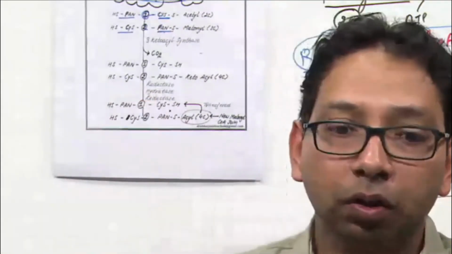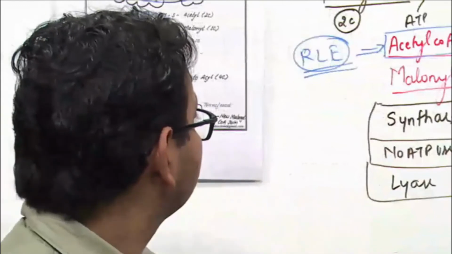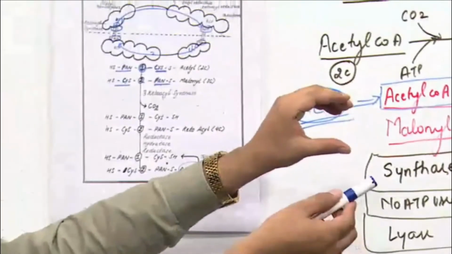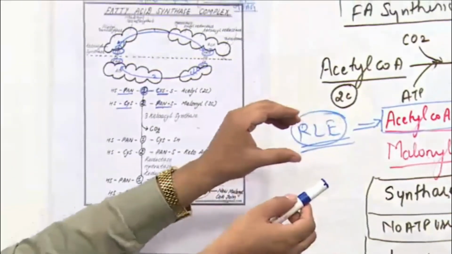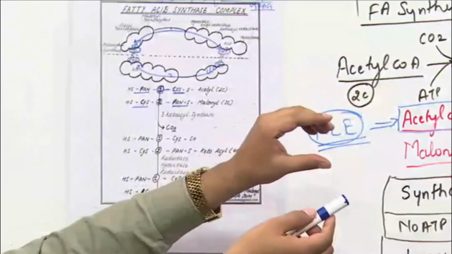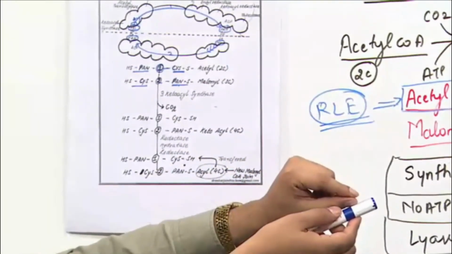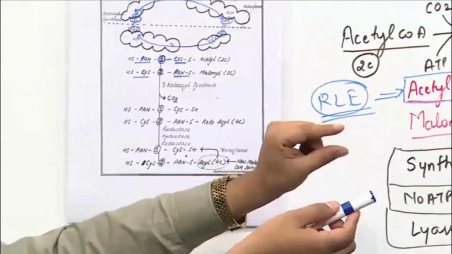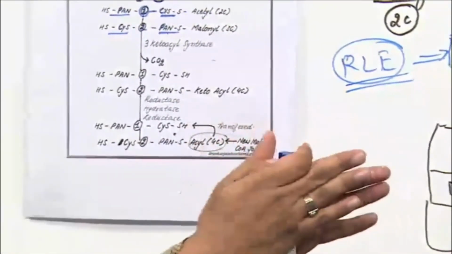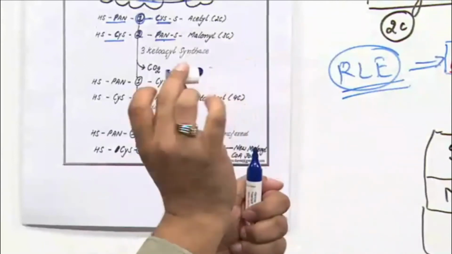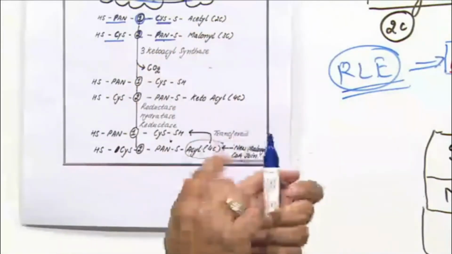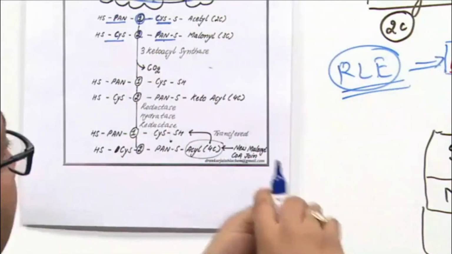Suppose this is cysteine having acetyl, and this is pan having malonyl. Now this acetyl of cysteine will come to the malonyl of pan. A condensation reaction occurs and one CO2 is removed.